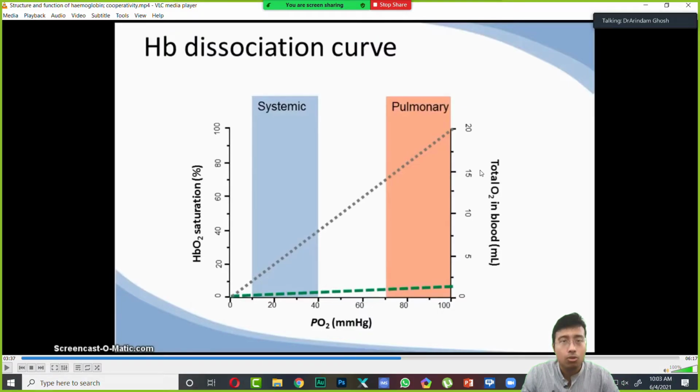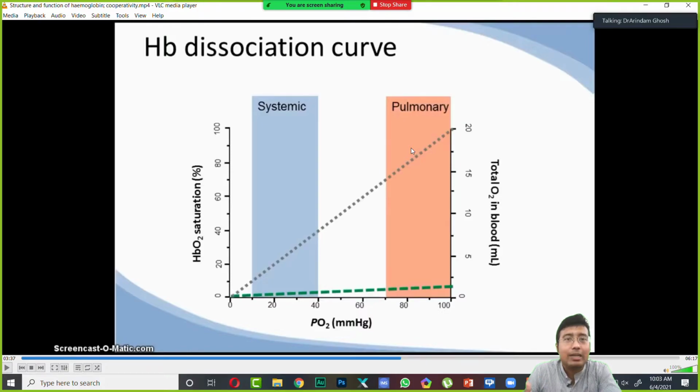If that was the case, the hemoglobin couldn't have picked up the maximum amount of oxygen at the lungs, right. The same scenario occurs at the systemic level.